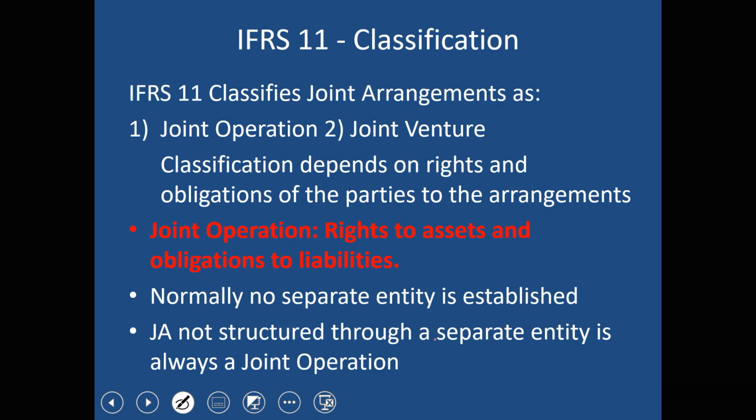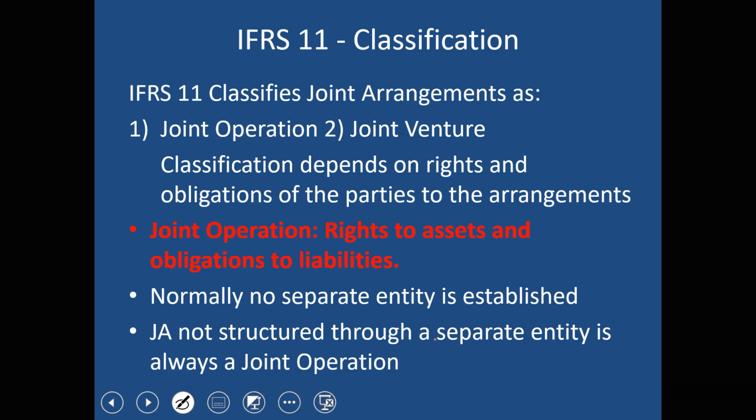So IFRS 11 classifies joint arrangement as joint operation and joint venture. Now the classification depends on the rights and obligations of the parties to the arrangement. So if I enter into a joint arrangement with you and I agree with you that you take part of the asset and I'll take part of the asset, you take part of the liability and I'll take part of the liability, then we have a joint operation.